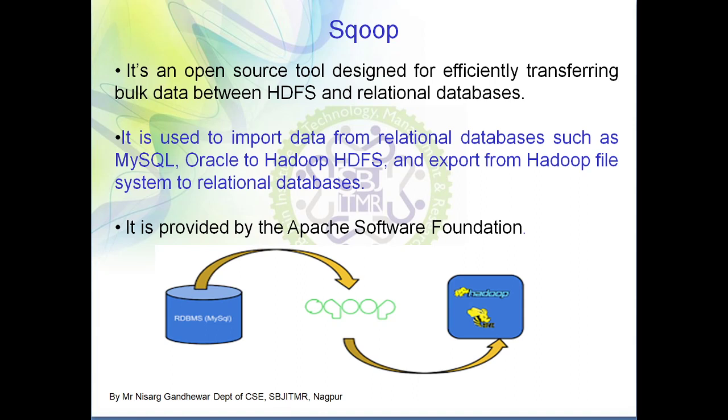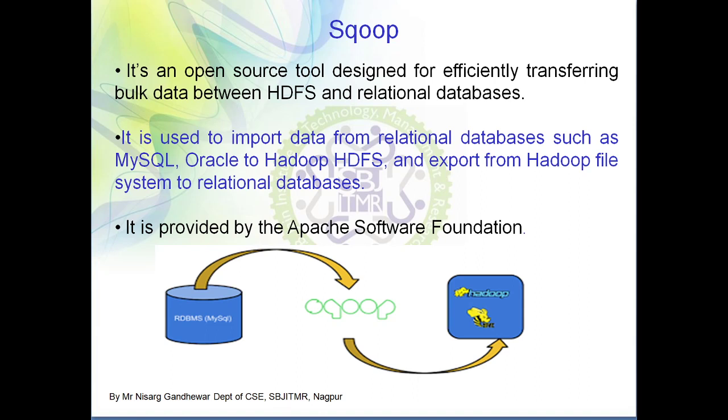There are various relational databases, such as Oracle, MySQL, SQL Server, DB2, and so on. All these relational databases store their data in a specific structure, in the tabular format. So we need to fetch the data from that relational database and store it into HDFS. We require some framework which will carry out this particular task: extraction of data from one source and storing it into a destination, that is HDFS.